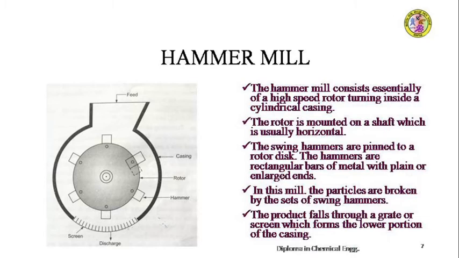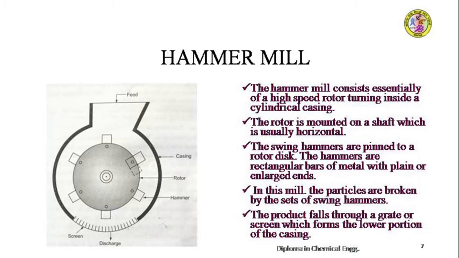The hammers are usually rectangular bars of metal, either with plain ends or with enlarged ends. These are the grinding elements, means the hammers are the ones which are applying the required pressure on the material to be reduced to smaller size.